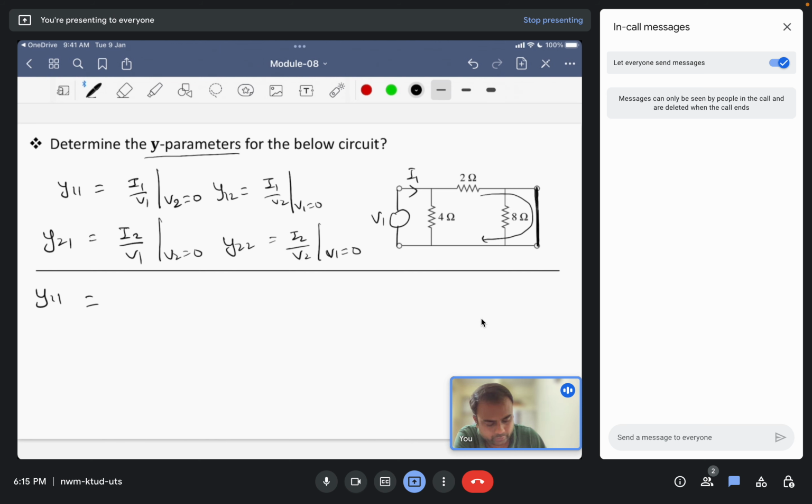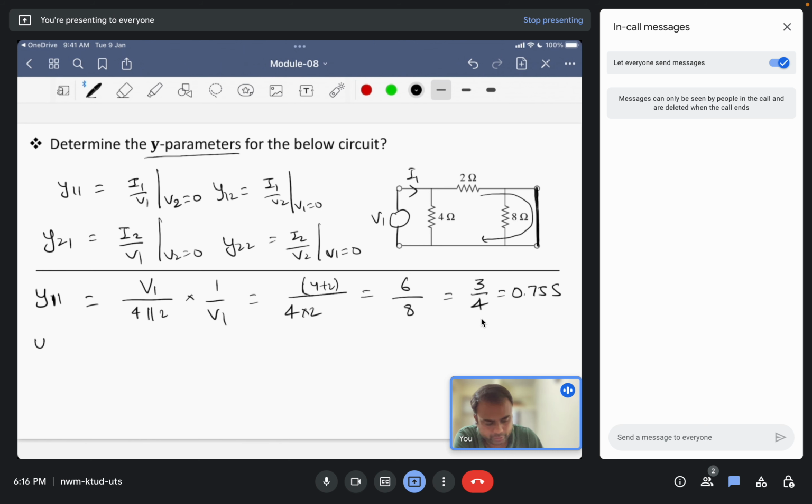We can write I1 as V1 divided by the equivalent value, that is 4 ohm parallel to 2 ohm. Divided by V1, this becomes 1 upon (4 into 2) over (4 plus 2), that is 6 by 8, that is 3 by 4 or 0.75 Siemens. So this was Y11.